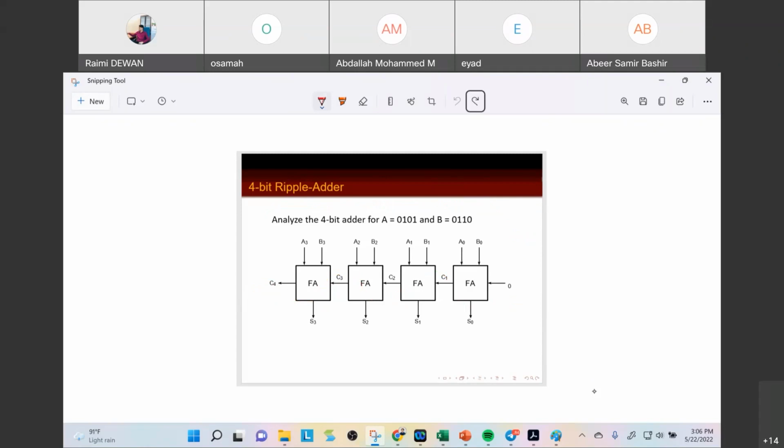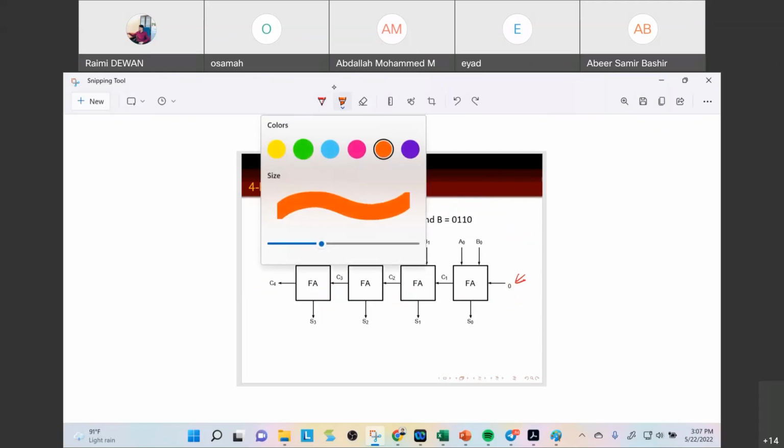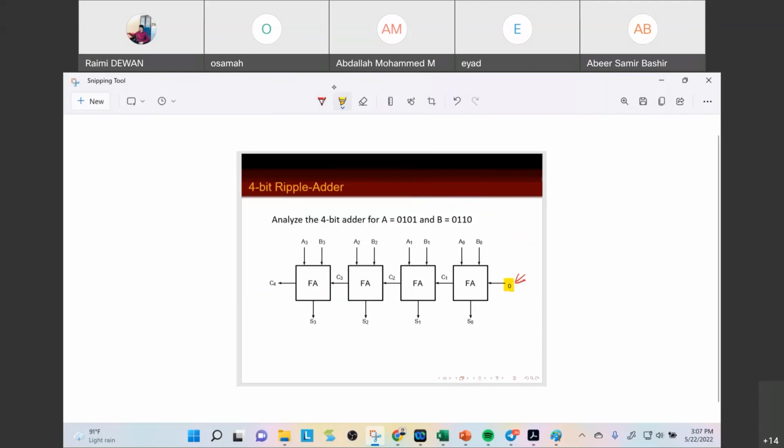So normally, for the first full adder we put 0. But don't assume if it doesn't state. If it doesn't state, of course you will use 0. But if it states, you need to make sure what the question says. Maybe the question will try to manipulate to make your life a bit difficult.